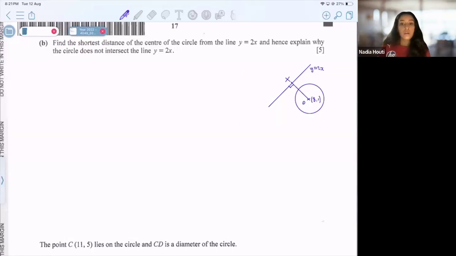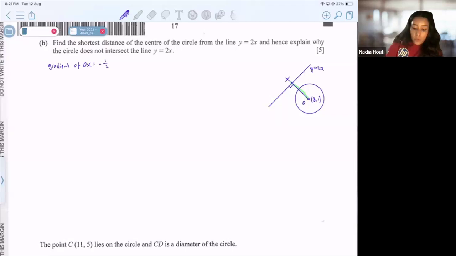So let's first try to find the equation of that shortest distance line. First we know the gradient. The gradient of OX is equal to the negative of the reciprocal of the gradient of the line y equals 2x, because it's perpendicular to that line. So it's equal to negative half.